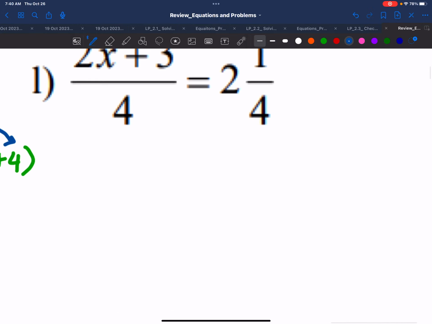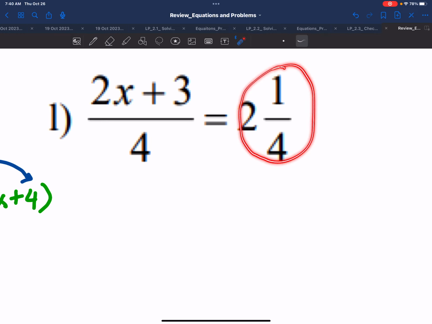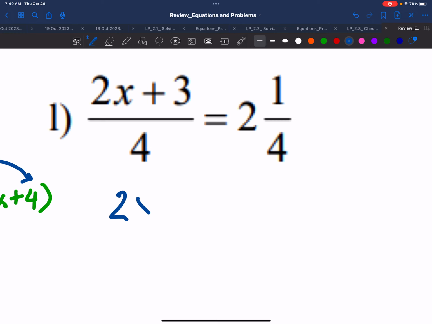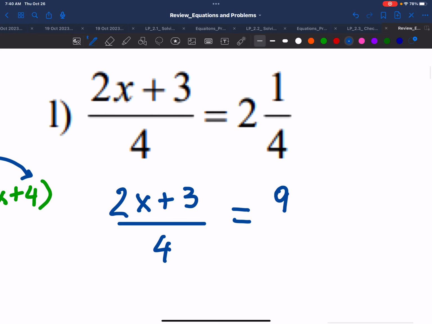So one more equation with fractions. We have 2x plus 3 over 4 equals 2 1/4. So first, I would convert this mixed number into improper fraction. So 2x plus 3 divided by 4 equals 4 times 2 plus 1 equals 9 divided by 4.